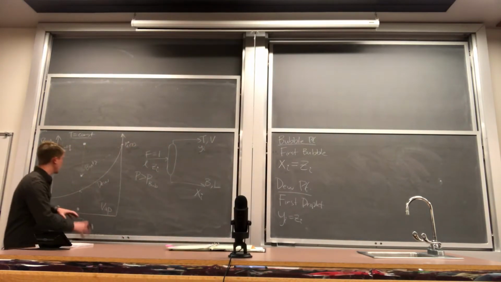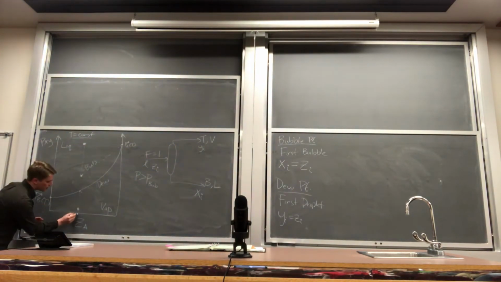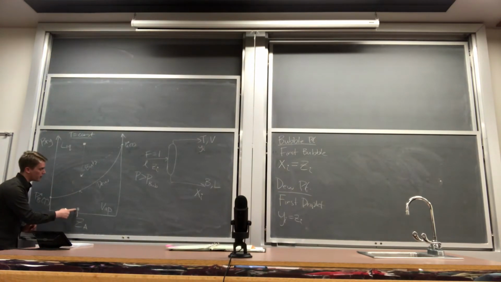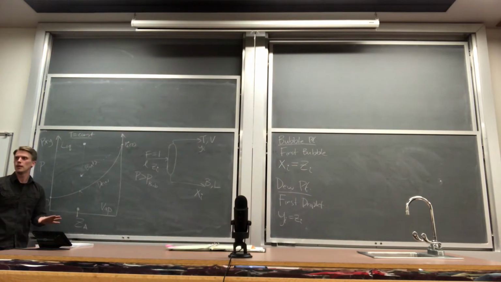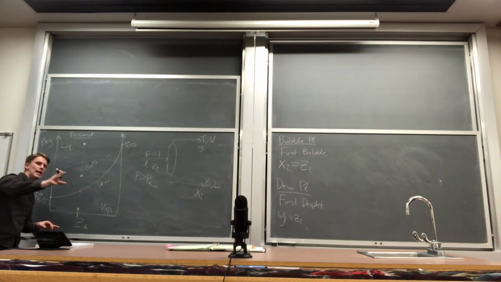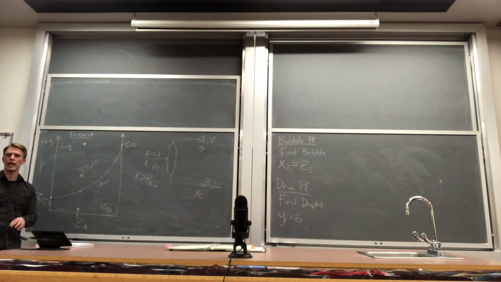So let's take a second and let's think about this. We have the same total composition here. If I'm at a very low pressure, I have no liquid whatsoever. Right? So if I were to grab a volume of that vapor and analyze it, I would exactly get the total composition of the system.